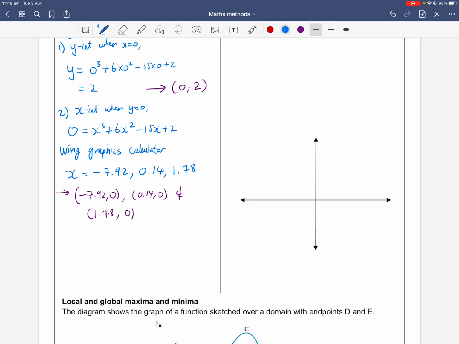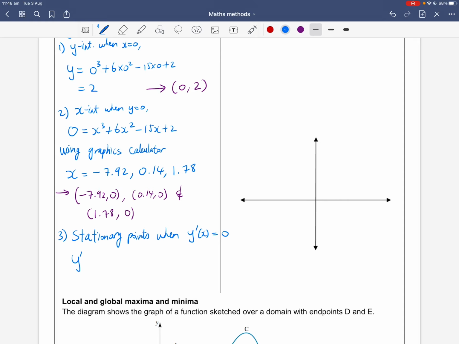Then in step 3, what we need to do is work out the stationary points. Stationary points occur when your derivative, your gradient, equals 0, because that's the point where your tangent is flat. So step 3, stationary points: when the derivative, in this case y dash of x, equals 0.